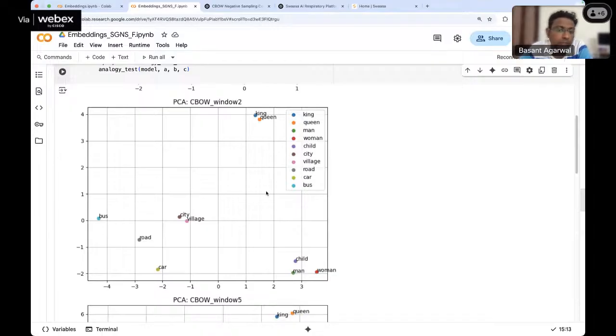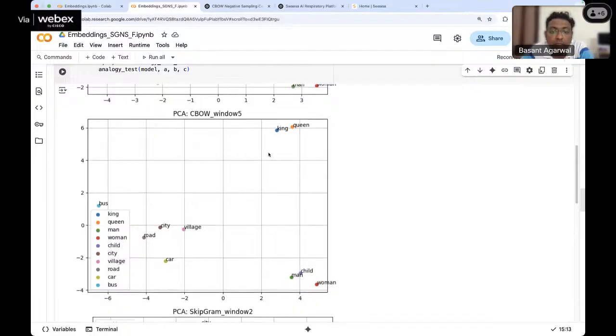But apart from that, the representation is quite close for king and queen, and men, women, and child are also very close to each other. City and village are also close. Car and bus are not close, but they should be slightly closer. Still, we can visualize a lot of information in this.